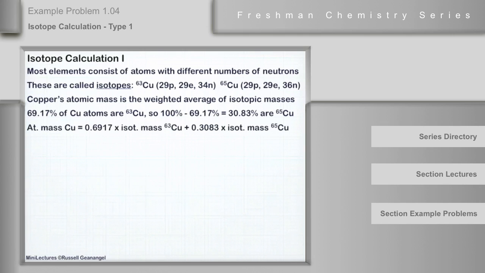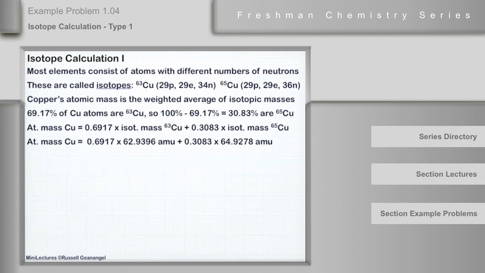That is to say, the decimal fraction amount of copper 63 times the copper 63 isotopic mass is the contribution of that isotope, and that's added to 0.3083, which is the decimal fraction equivalent of 30.83%, times its isotopic mass, which would be the contribution of copper 65, and those two summed together would give the atomic mass of copper.